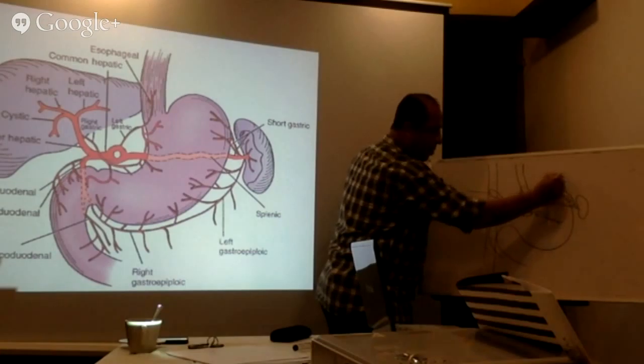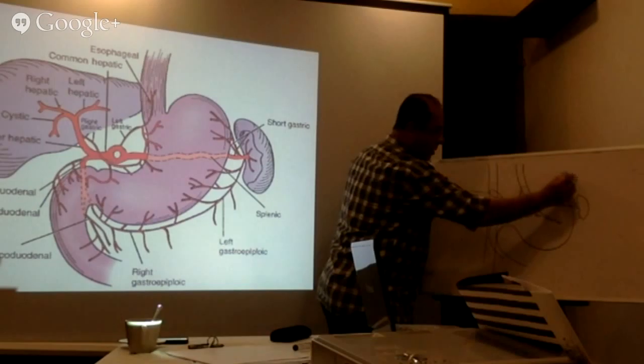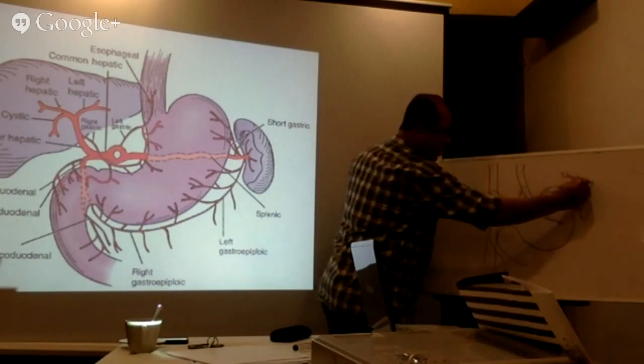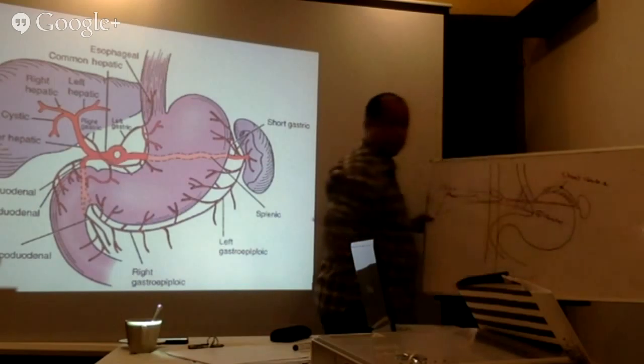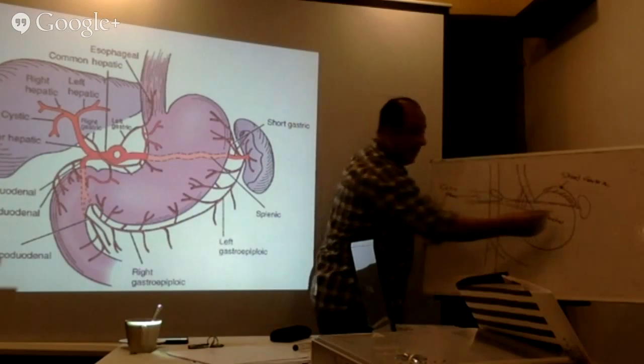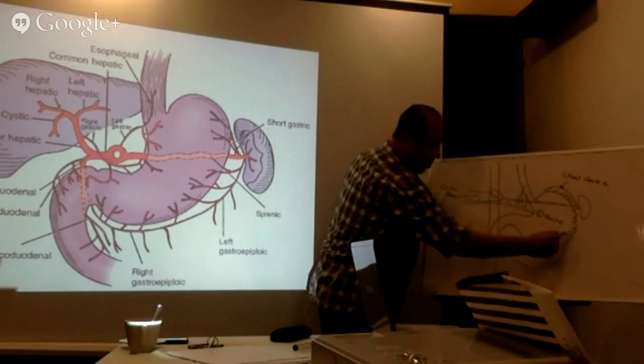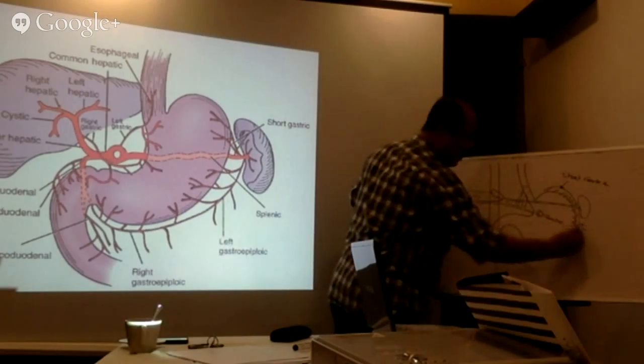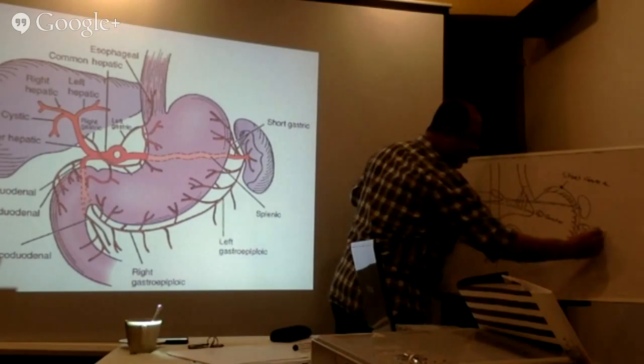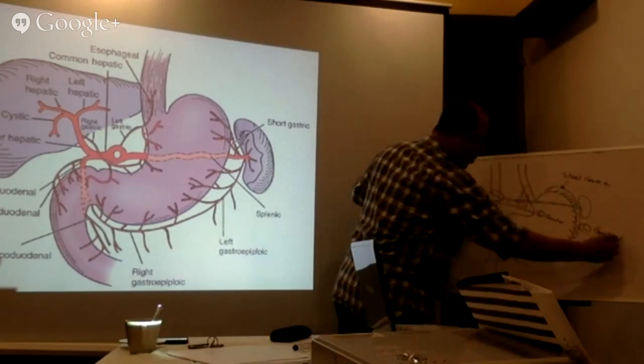So this is the short gastric artery. And the second one, which is long, which is called the left gastroepiploic artery.